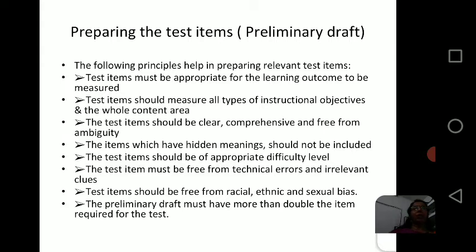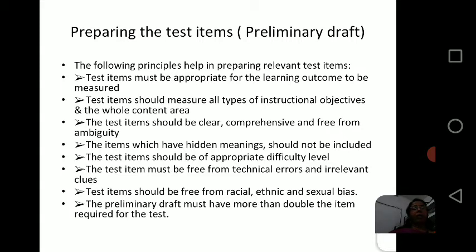Actually, in a standardized test, we will prepare more questions than we needed, because if you need 30 questions for a standardized test, you will prepare around 90 questions or 60 questions for the preliminary draft, because the scientific procedure for the construction of a standardized test is ensuring the quality of the items. We will eliminate the questions which are under quality.